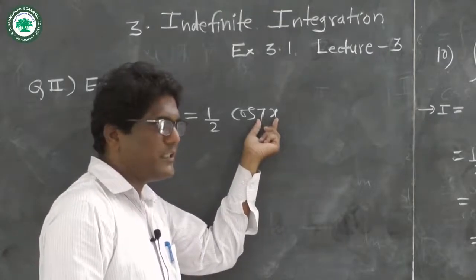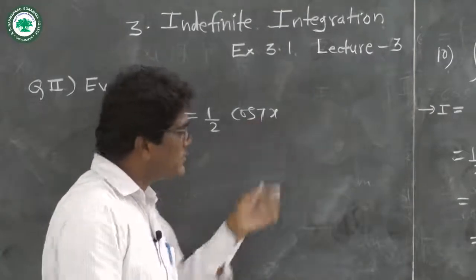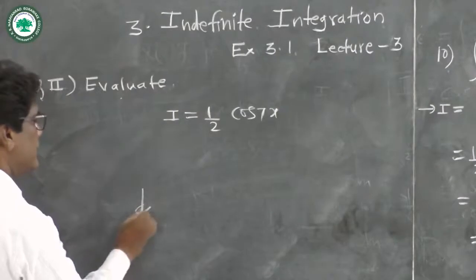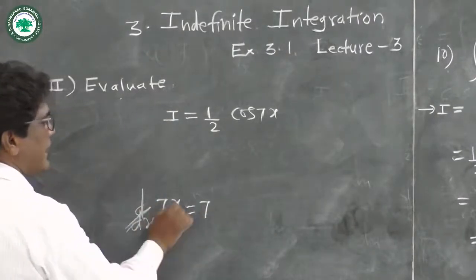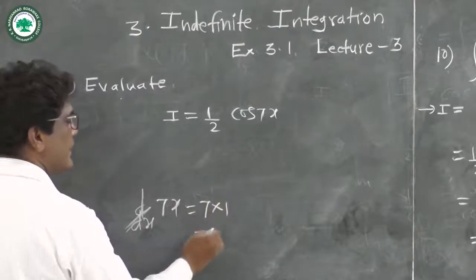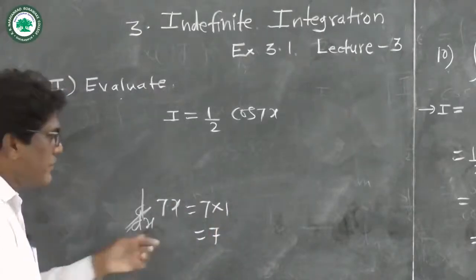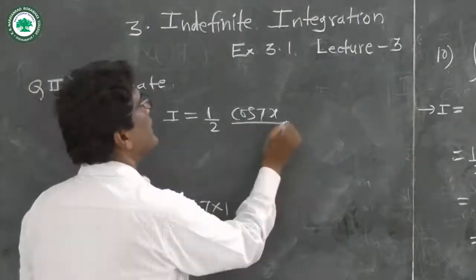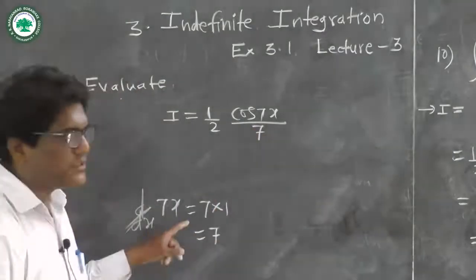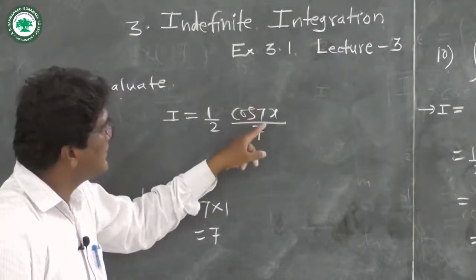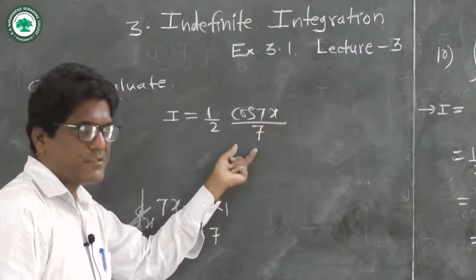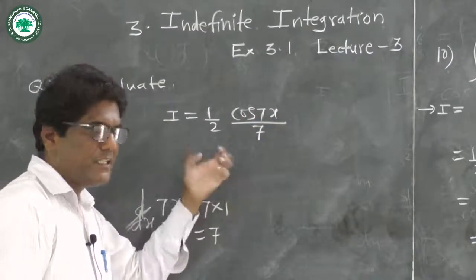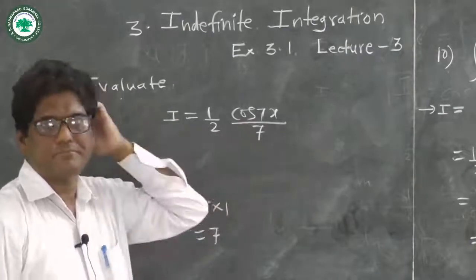So we take the derivative of 7x, which is 7, since the derivative of x is 1. So we divide by 7. In integration we take the derivative of the bracket and divide by it, and in derivative we multiply.